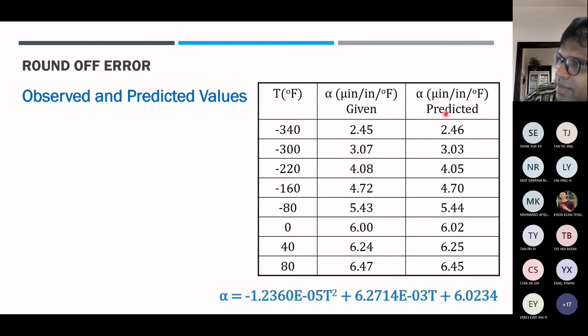This is the predicted value based on Excel after we corrected it according to the scientific format by adding the significant numbers. So this value is much closer to the observed value. The predicted value now, 2.46, is closer to the observed value. Sometimes it's less, but compared to the previous one, it is even closer to the observed value.